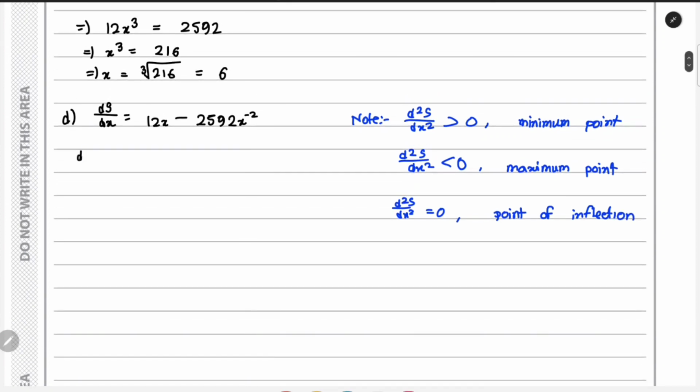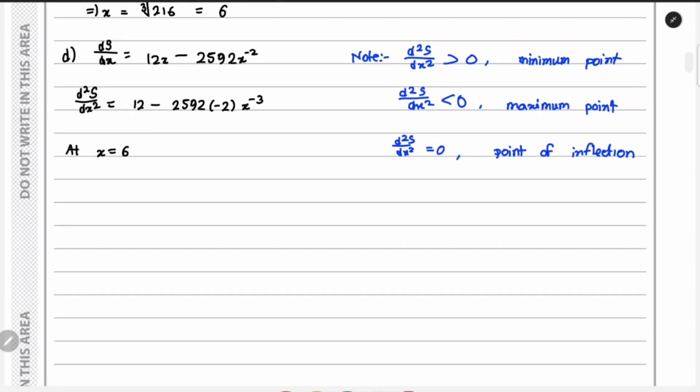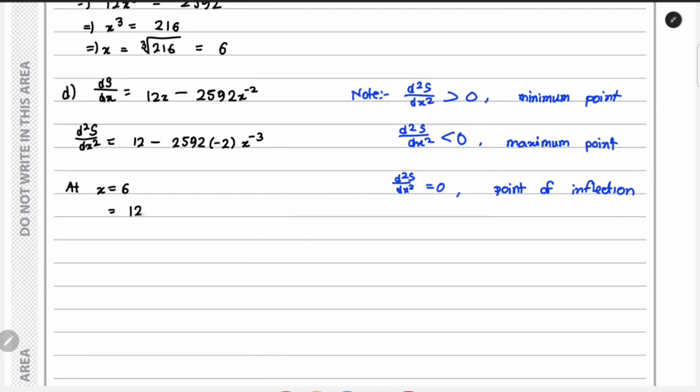So in this case, if we differentiate this again with respect to x, we'll get 12 minus 2592 times minus 2 times x to the power minus 3. At x equals to 6, this value would be 12 plus, we can break this down further, 2592 times minus 2, this would be 5184 by x cube.